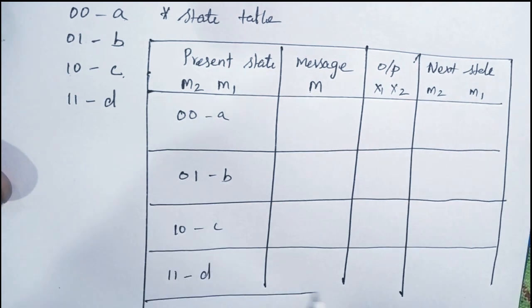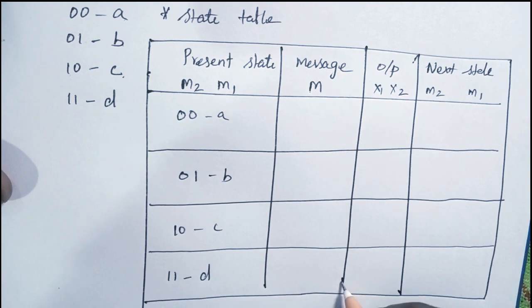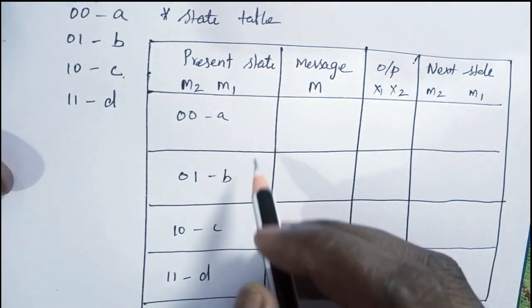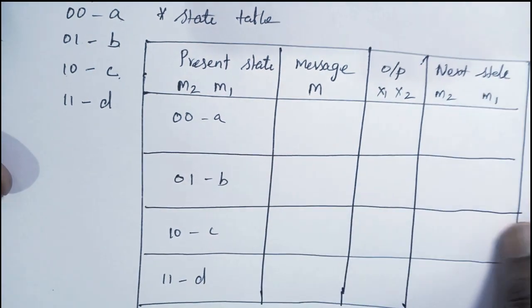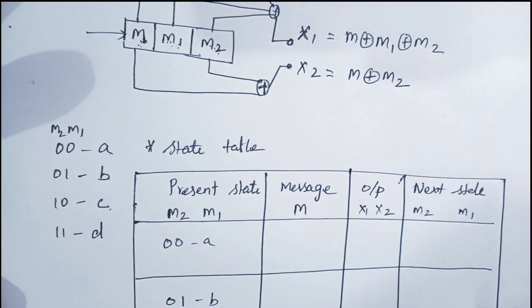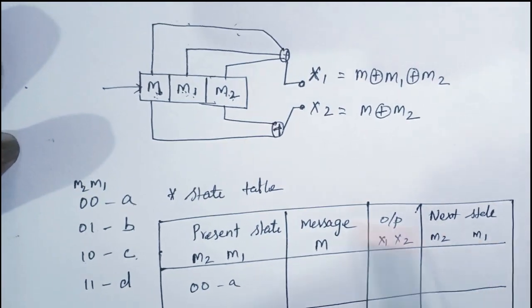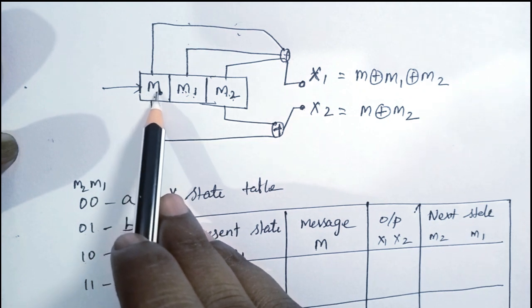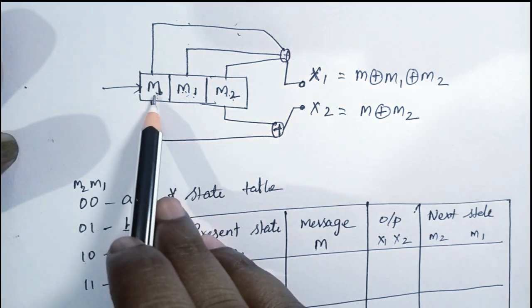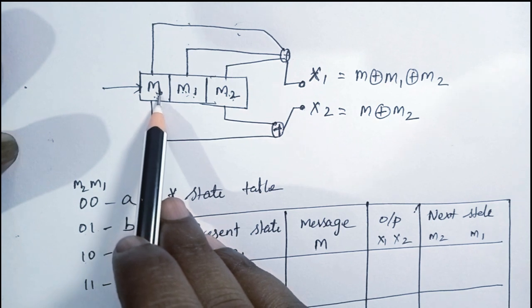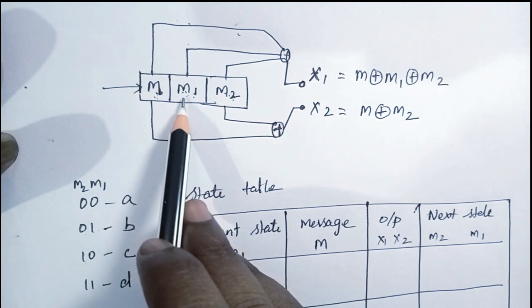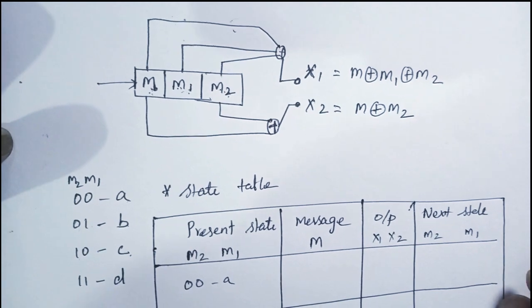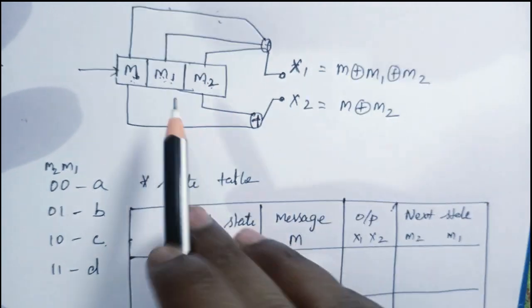What we should know is that for every state we have 2 possibilities. As I told you, when a new message comes, there is a shift: whatever is in M will go to M1, and M1 will go to M2. So whenever a new message comes, there is a change in state also.